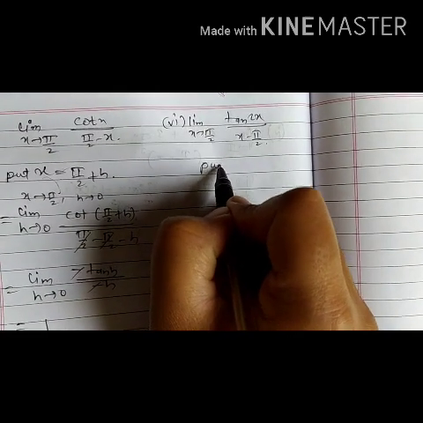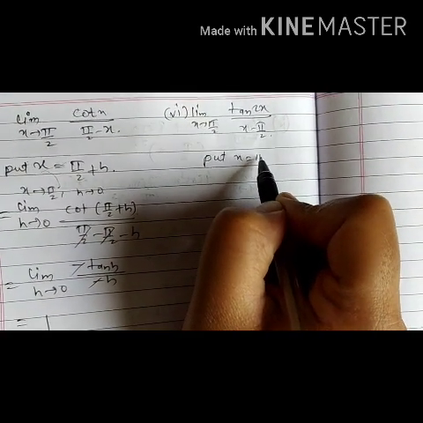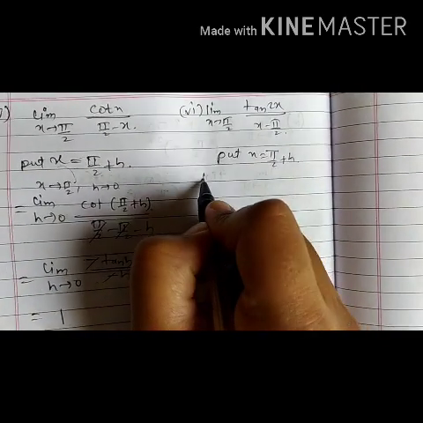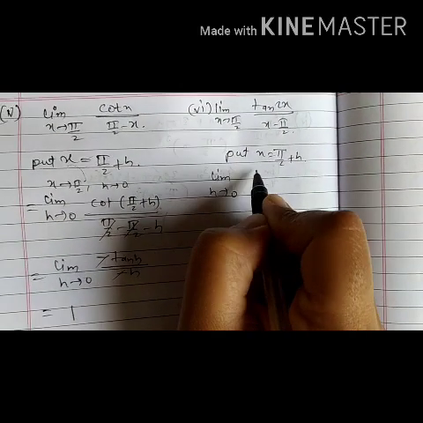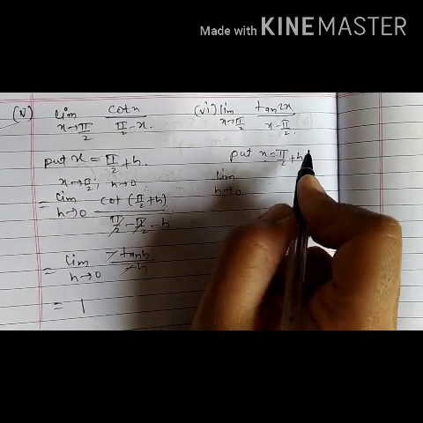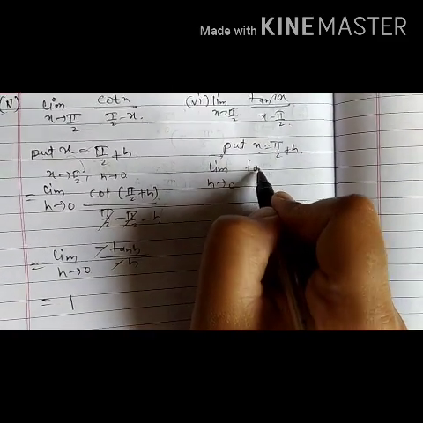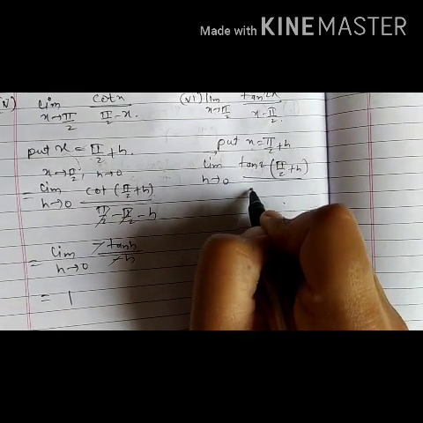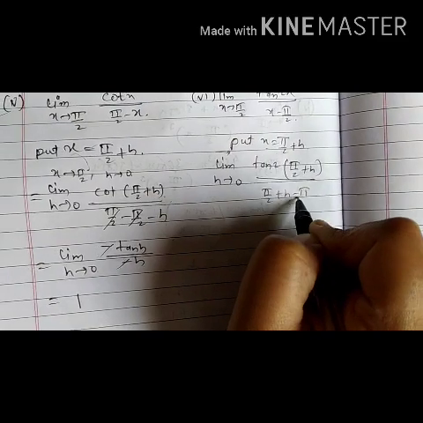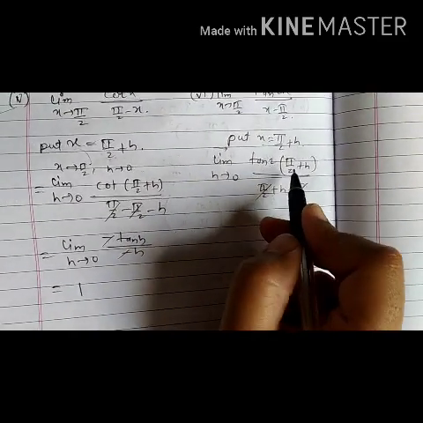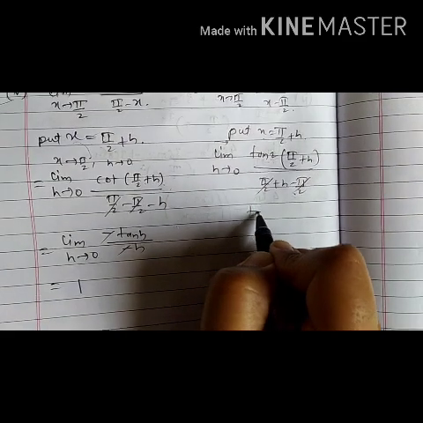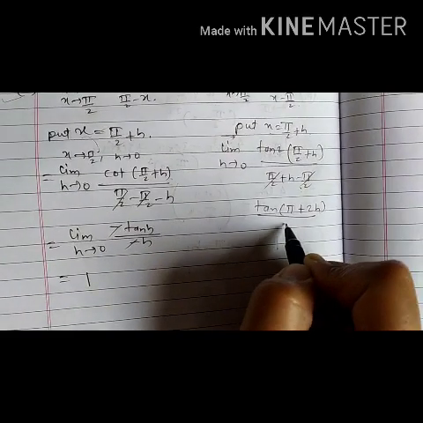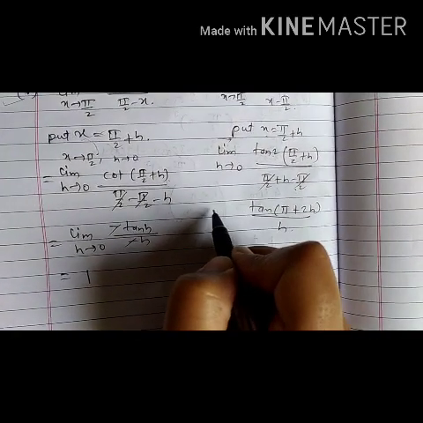Here also we'll put x equals, here the limit is pi by 2, so we will put x equals pi by 2 plus h. So we have limit as h tends to 0, as limit x tends to pi by 2, h will tend to 0. Don't forget to write here. So tan of 2 times pi by 2 plus h whole thing divided by pi by 2 plus h minus pi by 2. Pi by 2 will get cancelled. 2 will get cancelled here. So tan of pi plus 2h upon h. What is tan pi plus theta?